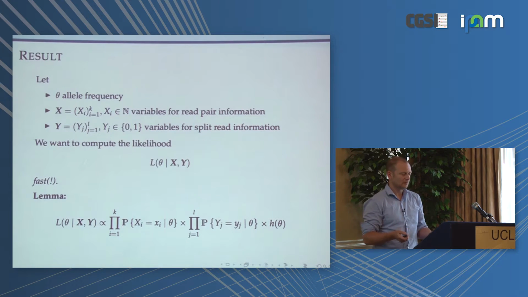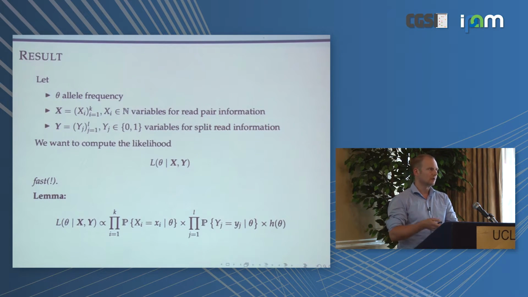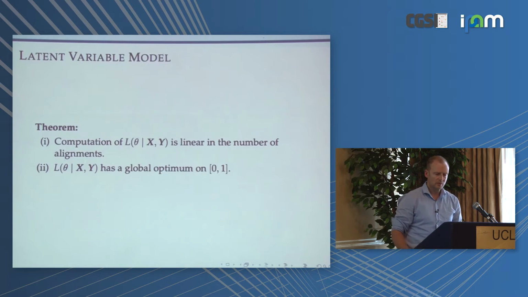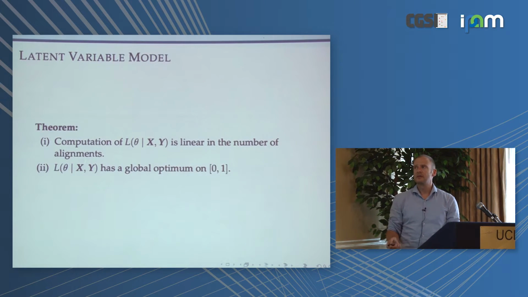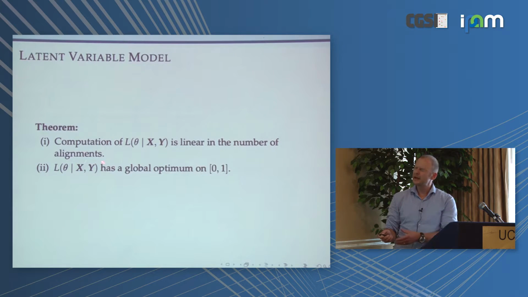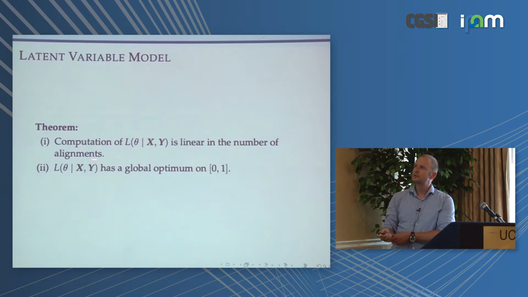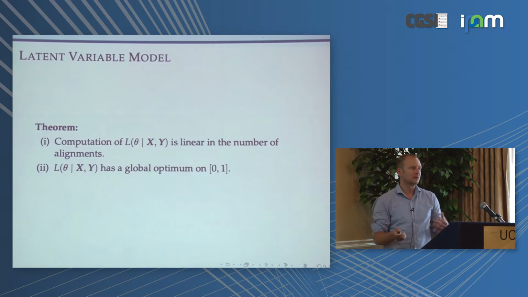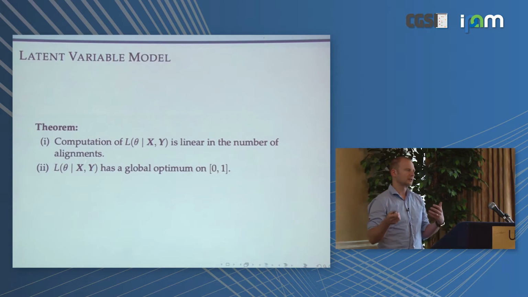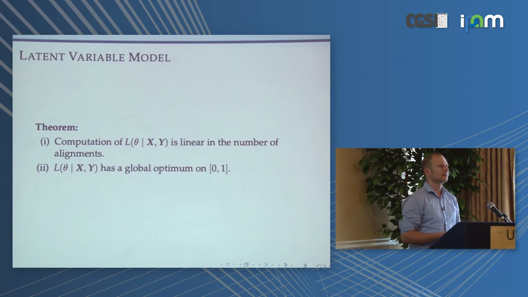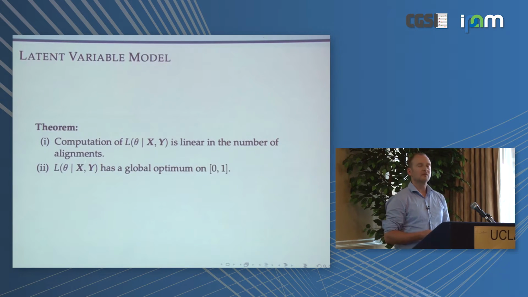If we assume we know it, then the alignments are all independent. So as a theorem, we can compute this in runtime linear in the number of alignments. So it's not 3 to the number of alignments, it's just a constant factor times the number of alignments.